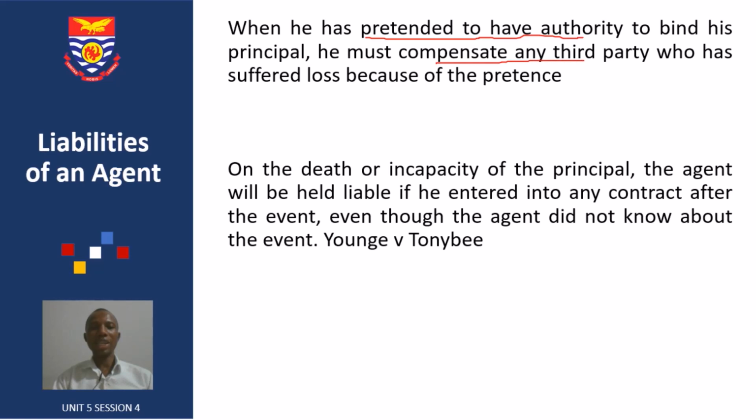Now, you should also understand that the death of the principal has the effect of terminating the power given to the agent. What I mean is that if the agent goes ahead to contract, even when he had the power, but at the time of entering into a contract with the third party, the principal is dead or incapacitated, in such a contract the principal or the estate of the principal will not be liable, but the agent himself or herself will be liable.